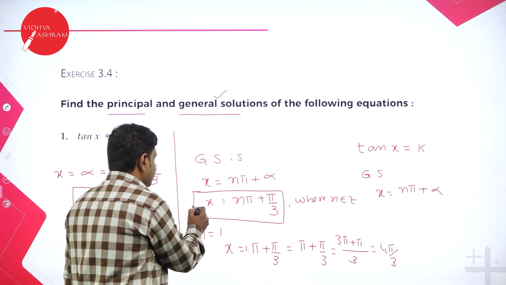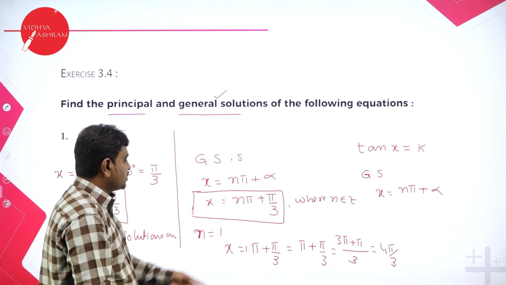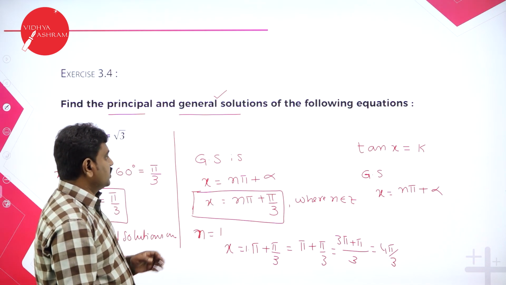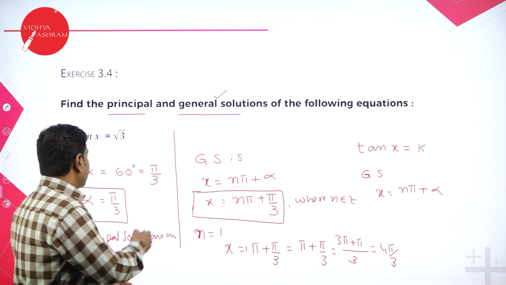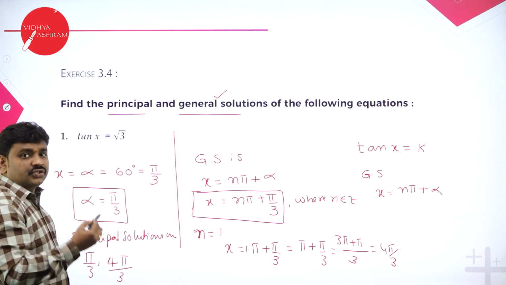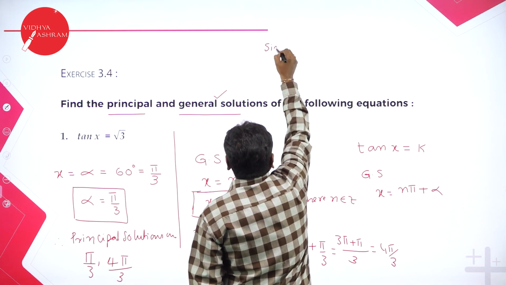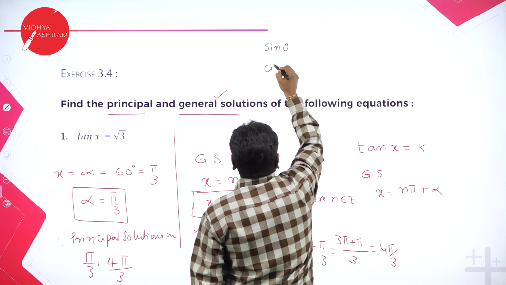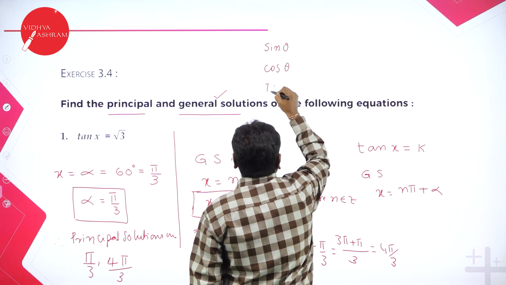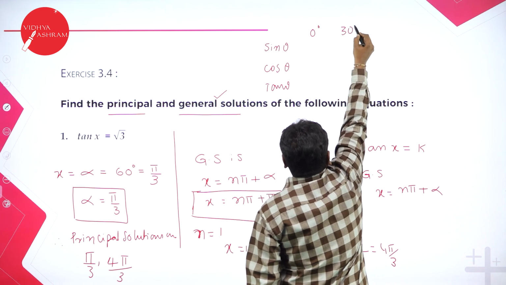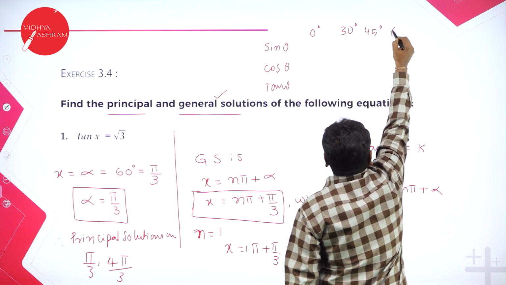So my dear students, first write the general solution. In the place of n, if you put 1, you will get one of the principal solutions. That's it. I hope all of you understood. They gave tan x is equal to root 3. So in the tan table, all of you know the trigonometric functions sin theta, cos theta, tan theta, with the standard values at 0 degree, 30 degree, 45 degree, 60 and 90.